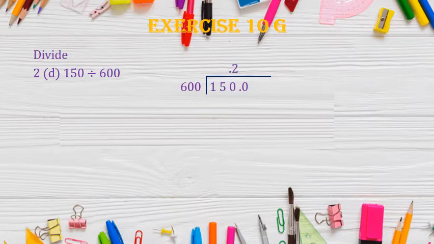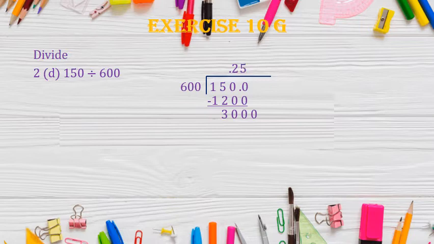Children, 600 twos are 1200. So after decimal point in the quotient we will write 2, and below 1500 we will write 1200, and we will subtract 1200 from 1500, and what do we get? We get 300. Now children, we will add 10 to 300, and so it becomes 3000, and we will divide 3000 by 600.